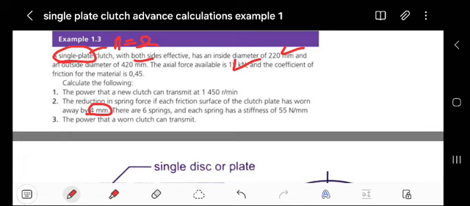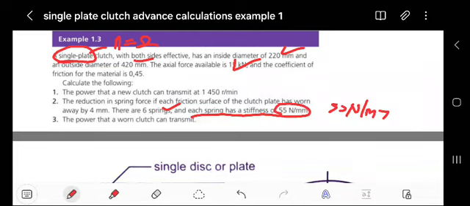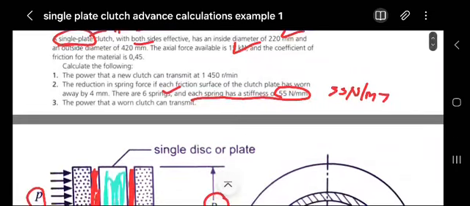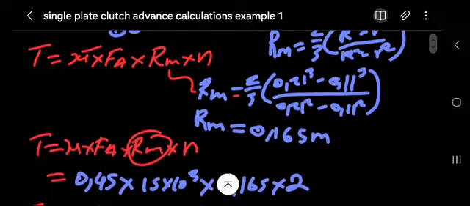Remember, that is the wear per surface, which will be 4 millimeter. Then the number of springs, and each spring has a given stiffness, 55 Newton per millimeter, right? So let us calculate that.